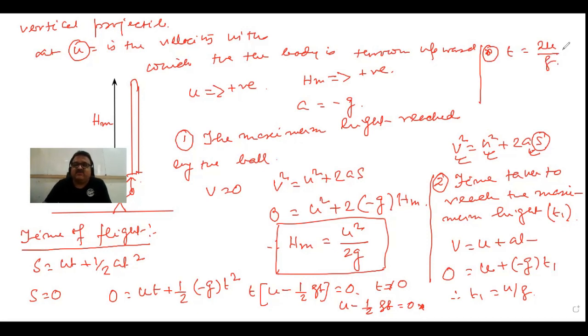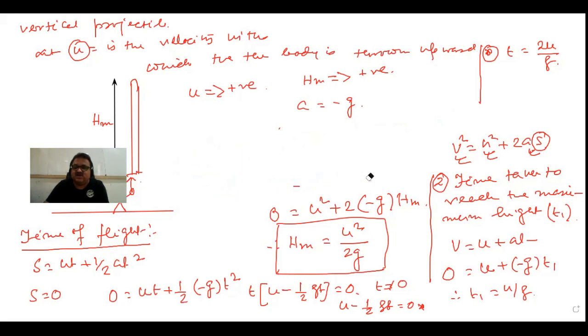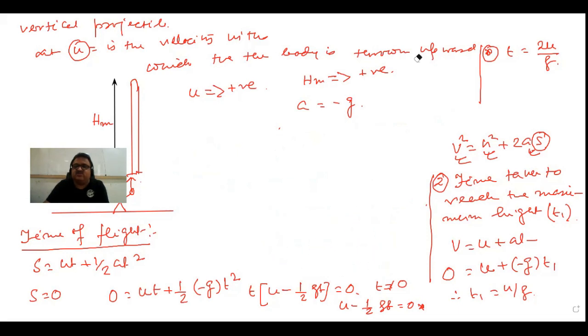Now, a very interesting question is this. What is the time taken by the ball to reach from the maximum height to the ground? Correct? Now, watch carefully again. I'm going to show you the time taken by the ball.